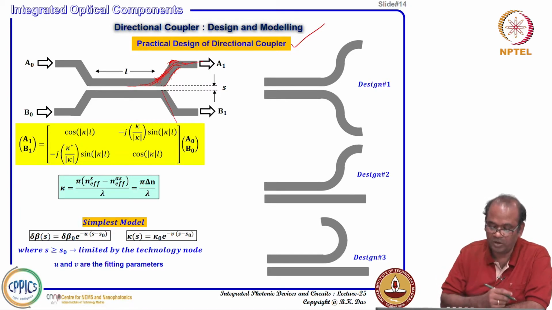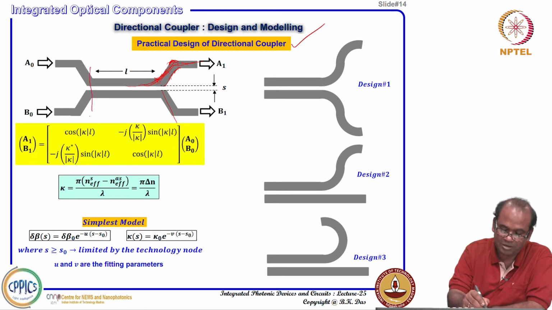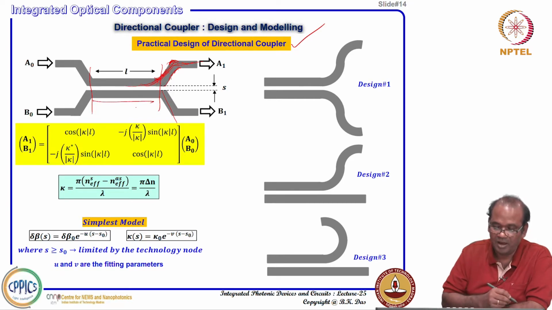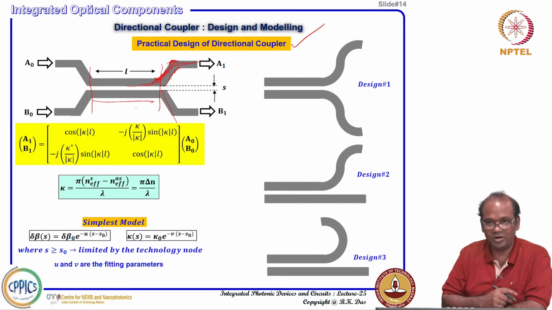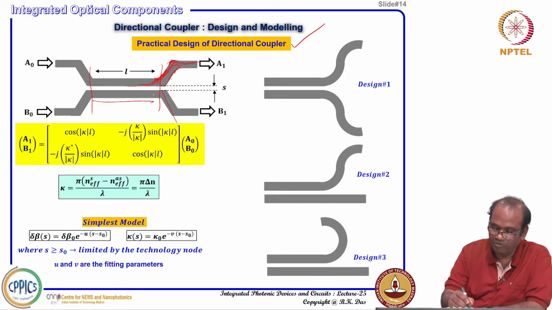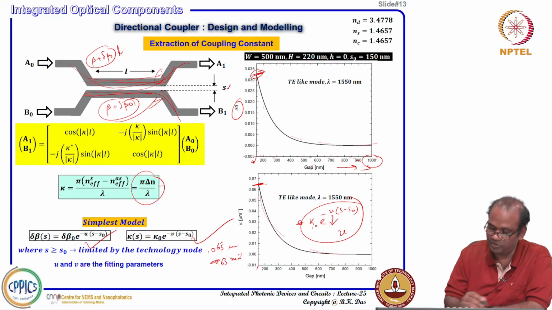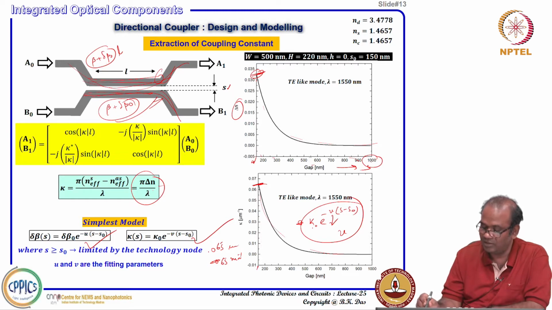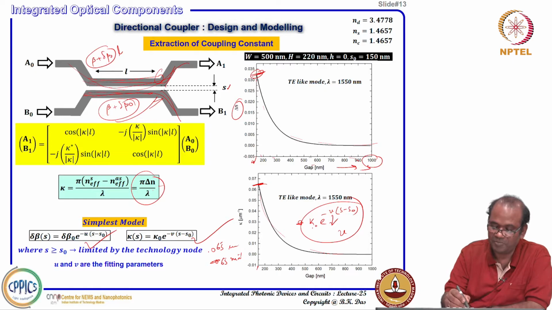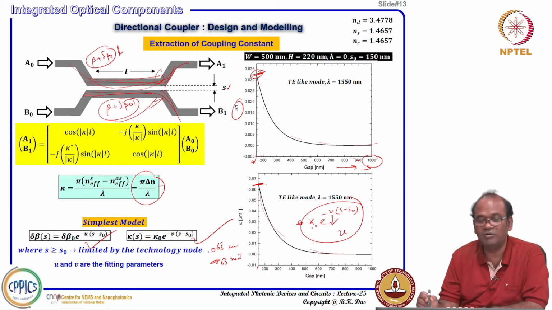But one more important thing is that you cannot just calculate the coupling happening in the straight length and call that your model. As you see in the previous slide, as the separation increases, the coupling does not suddenly come down to 0.